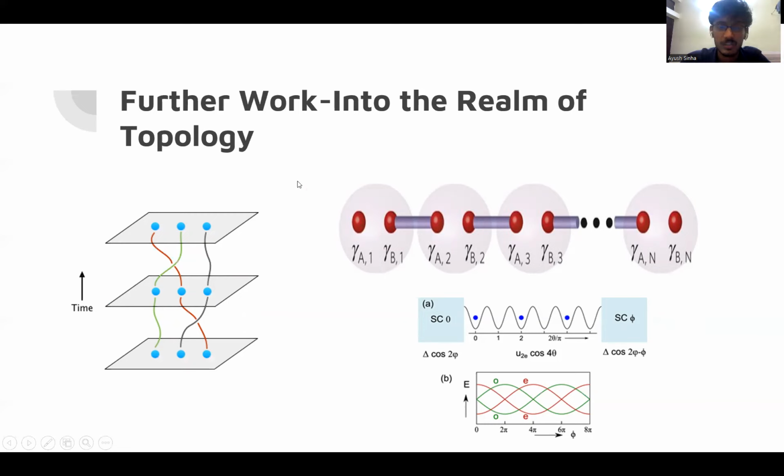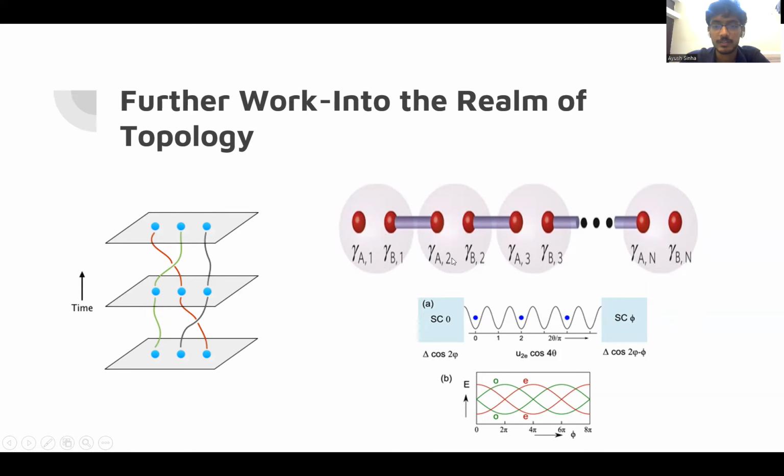But there's one problem with every quantum computer, that they decohere with respect to environmental factors. There's a lot of noise, and this decoherence will be reduced as a result of these topological effects which are introduced in the picture. So these are very nice pictures of braiding. You can see a braiding of topological qubits.